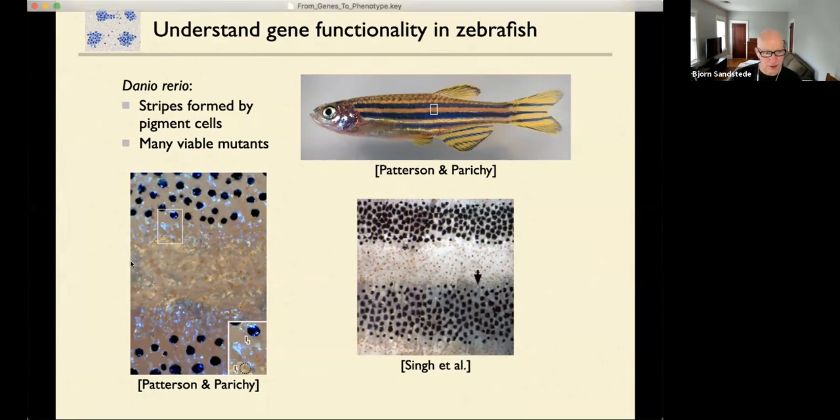Sorry, I forgot to do this. Let me just go back and do my annotation scheme so that I have my pointer. Here we go. What you see here is a close-up of that area of the fish, and so you really see the individual pigment cells. You see the black ones, the melanophores.